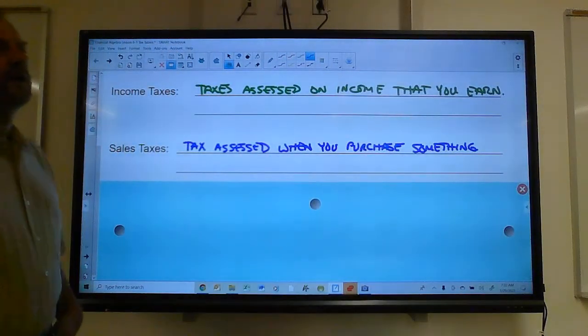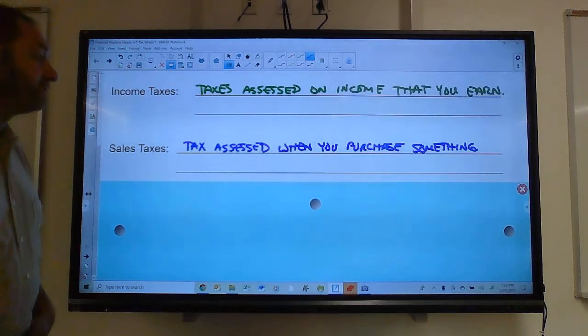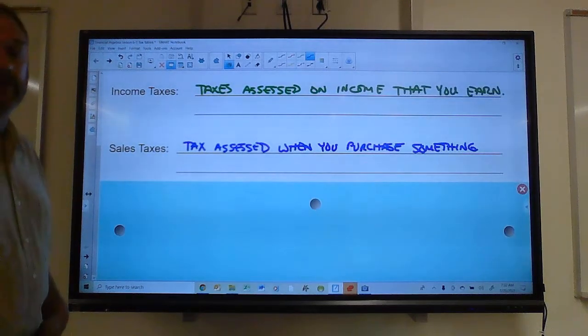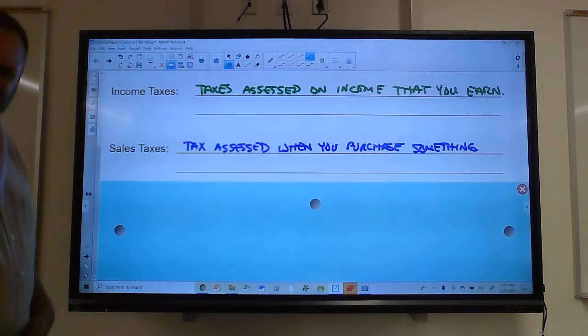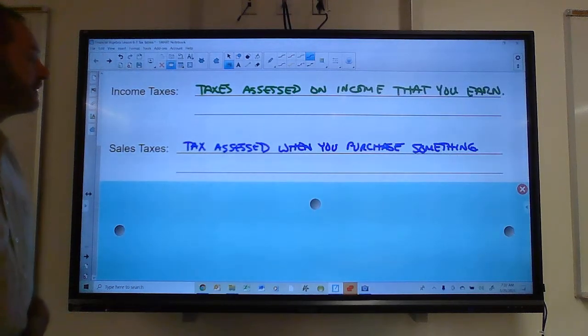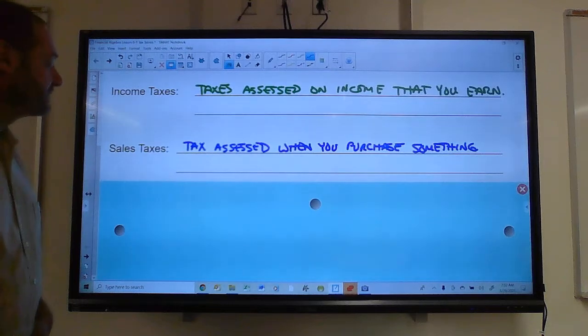Okay, so groceries, you buy groceries, you get a tax on that. You buy a car, there's a tax on that. Some states don't charge you on groceries or medicine, but they do on everything else. You can even have a sales transfer tax on a house. There are some places that have those.